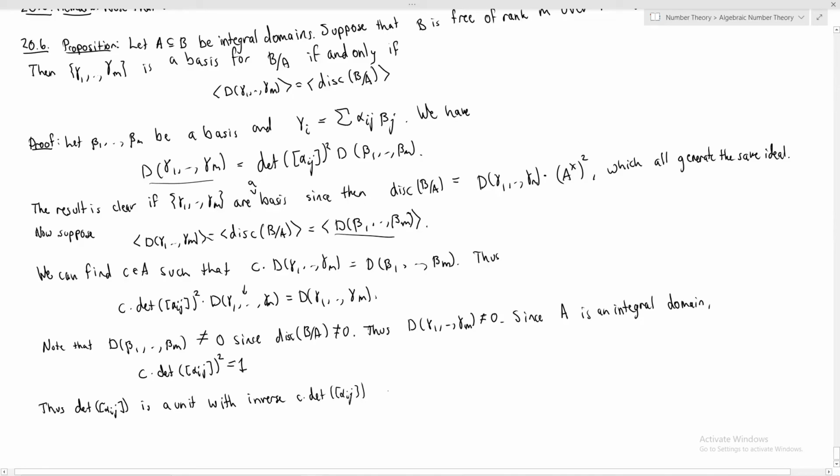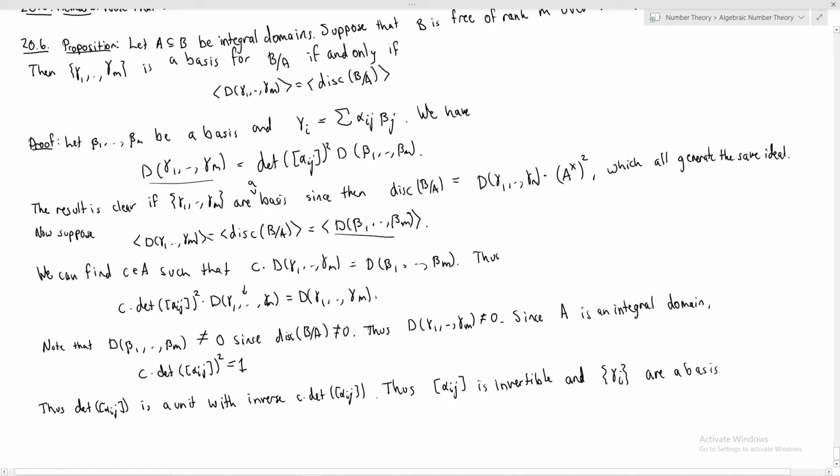Okay. Once we know that the determinant is a unit, then we know that this matrix, alpha ij, is invertible. And once we know this is invertible, then we know that the gamma i's are a basis, because this is the change of basis matrix.